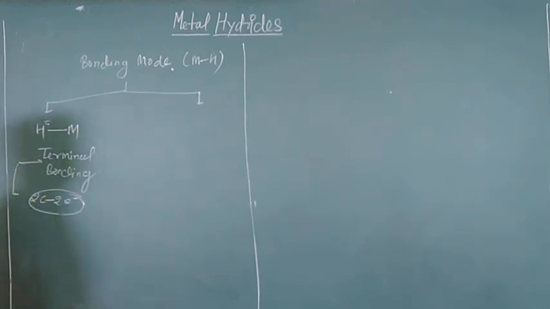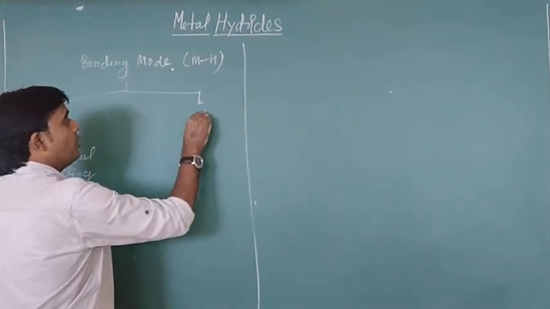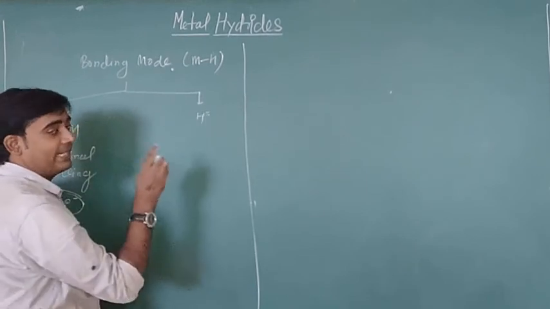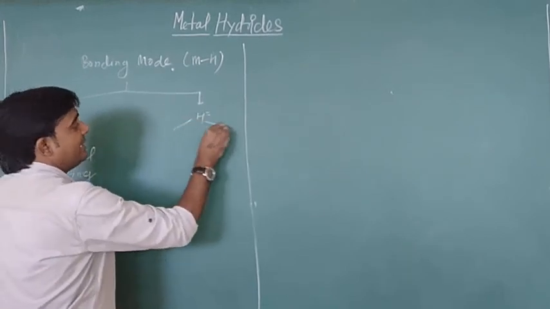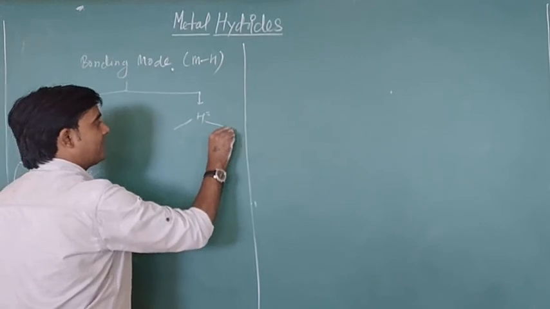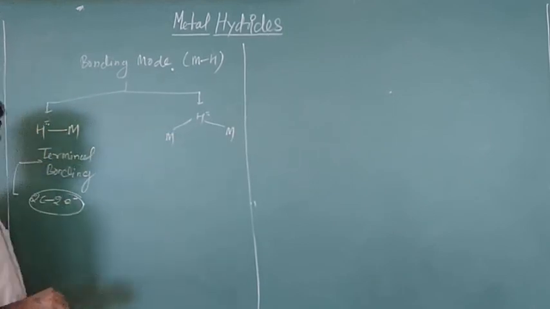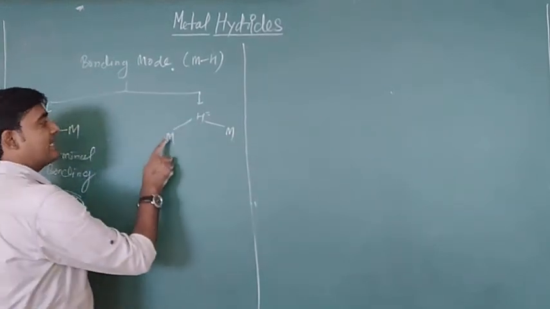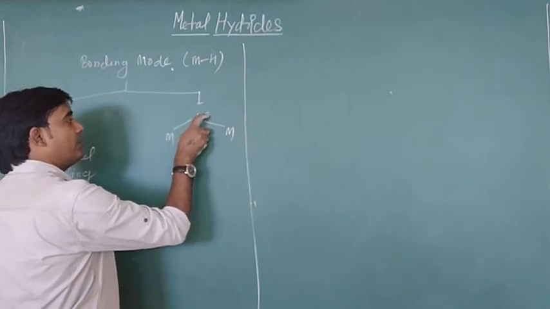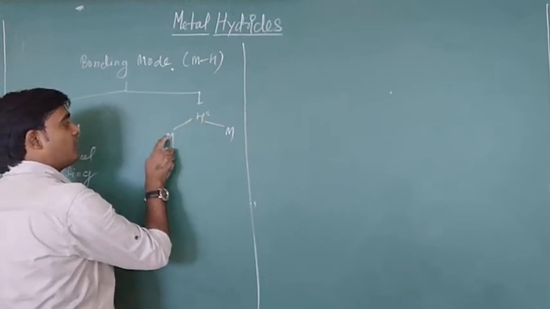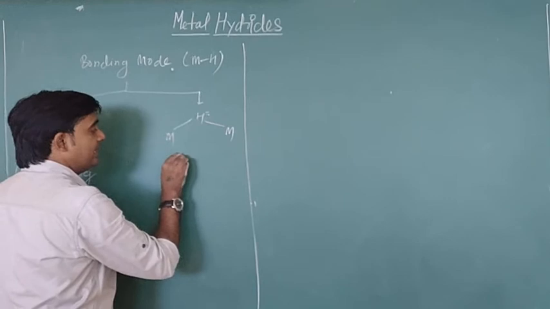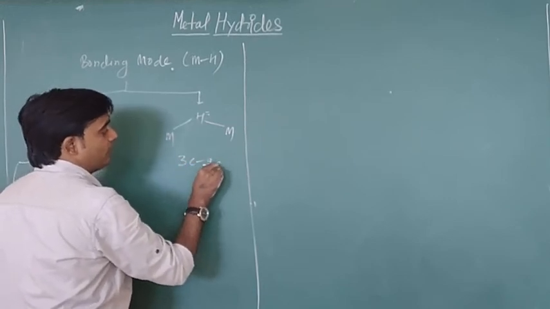Another bonding is when the hydride, which has one negative charge, that means 2 electrons, is attached to 2 metals. So these 2 electrons involve 3 centers, 1, 2, 3. That means 3 center, 2 electron bonding.